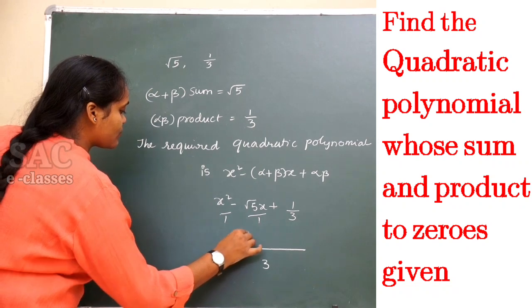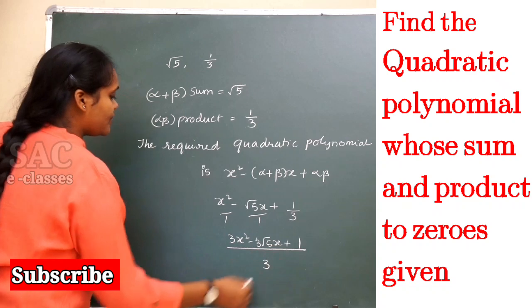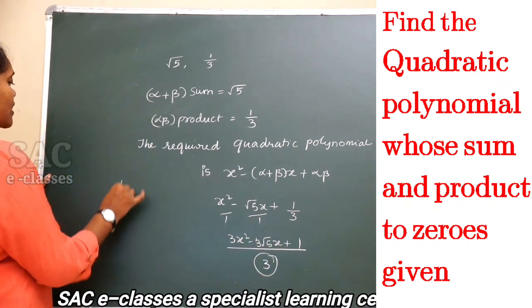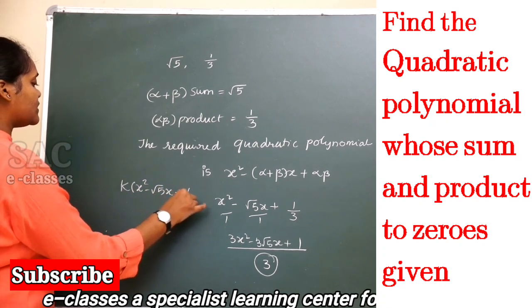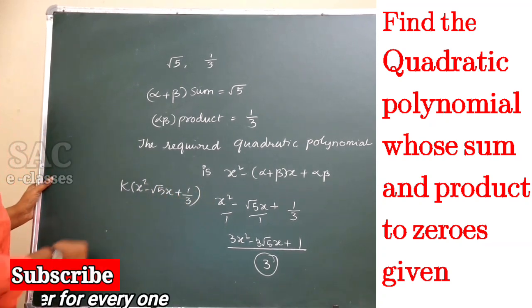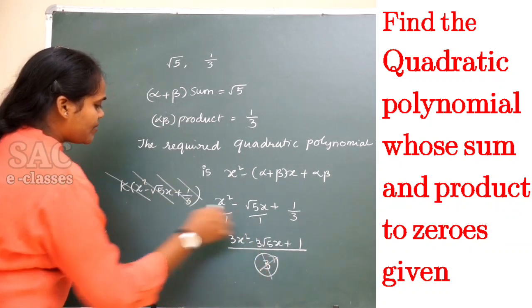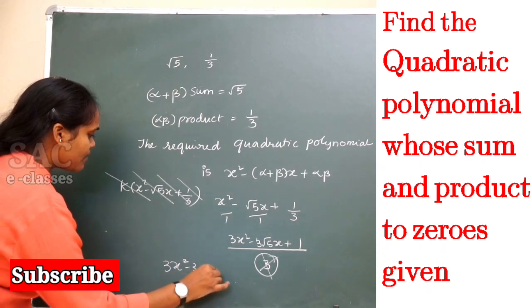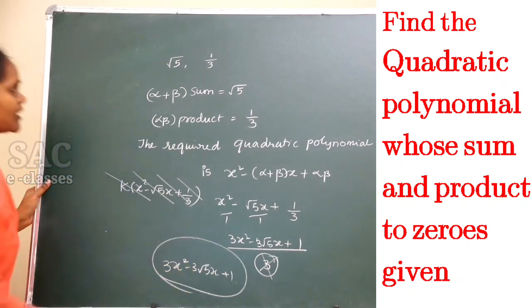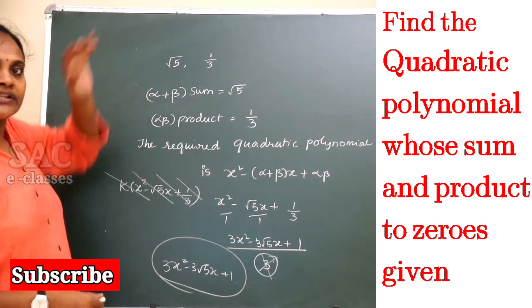So 3x square minus 3 root 5 x plus 1. Now ignore the denominator. Write k into x square minus root 5 x plus 1 by 3 is the required quadratic polynomial, but we don't want to mention it with the help of k, so we will ignore the denominator and you will write that 3x square minus 3 root 5 x plus 1 will be the required quadratic polynomial whenever the sum and product of the zeros is root 5 and 1 by 3 respectively.